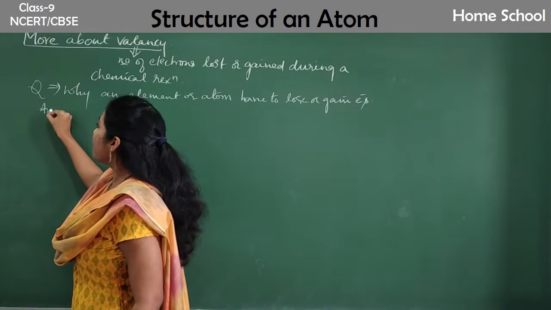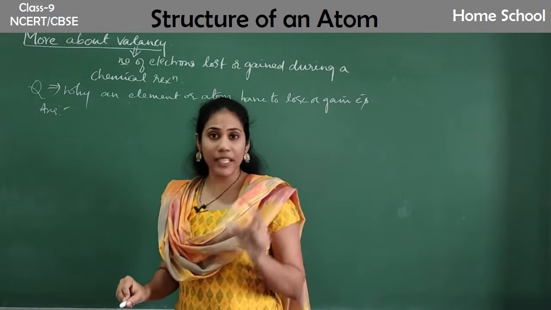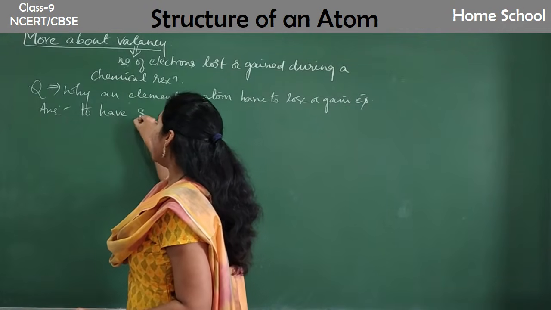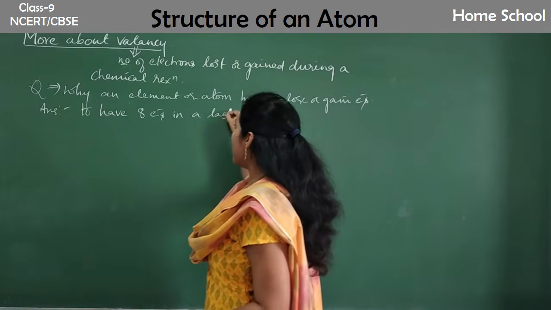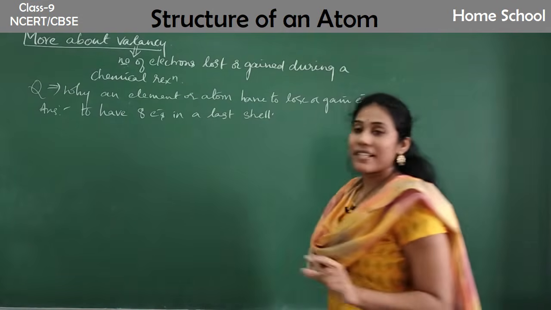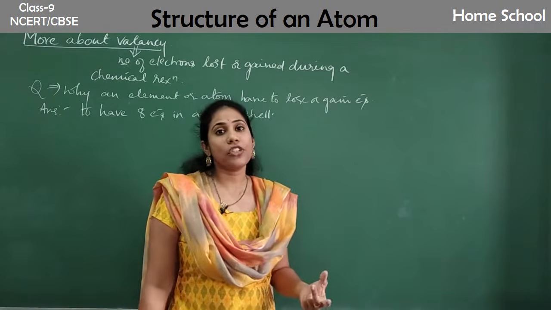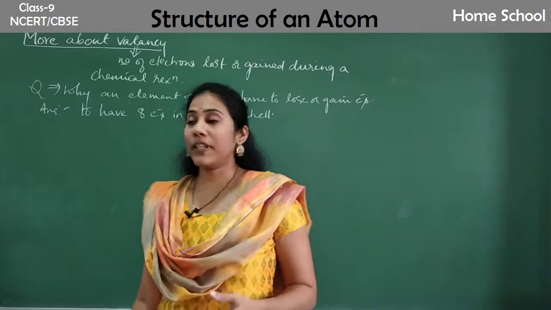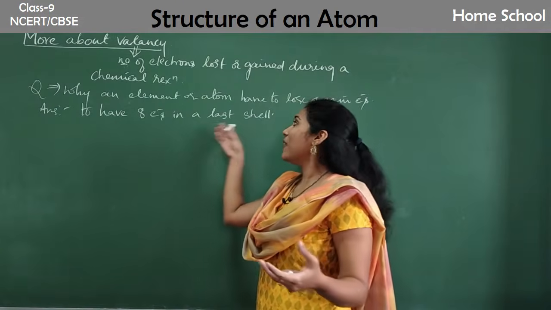See, the answer here is an element always loses electron or gains electrons to have 8 electrons in a last shell, isn't it? So just to have 8 electrons in a last shell, the element or atom always loses or gains electron. Okay, so what if they have 8 electrons in the last shell?